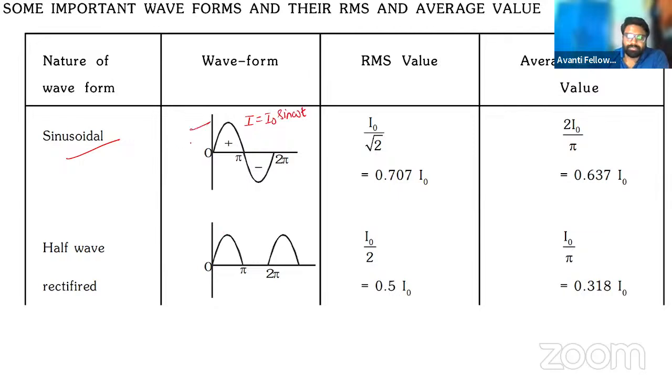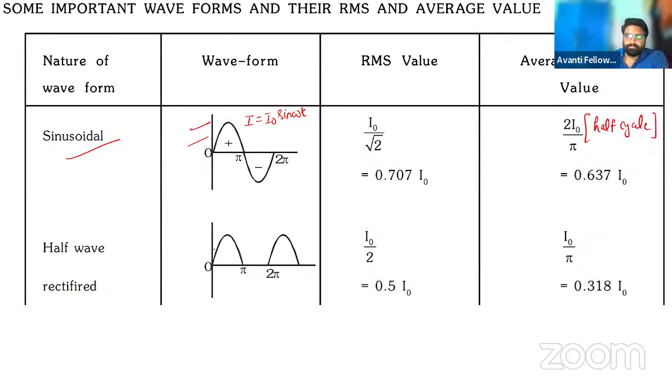So this kind of graph is a sinusoidal graph. One half is positive, the other half is negative. This type of wave has RMS value I naught by root 2 and average value for half cycle. Average value for half cycle, because for a full cycle the average value will be zero, so this is for half cycle. You should mention it here: for half cycle.